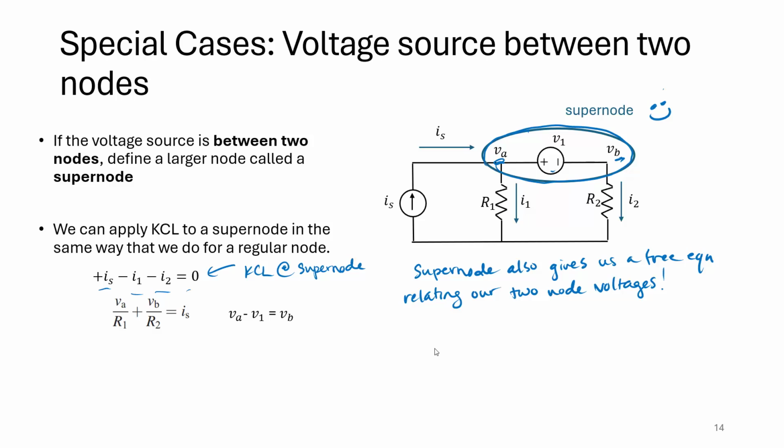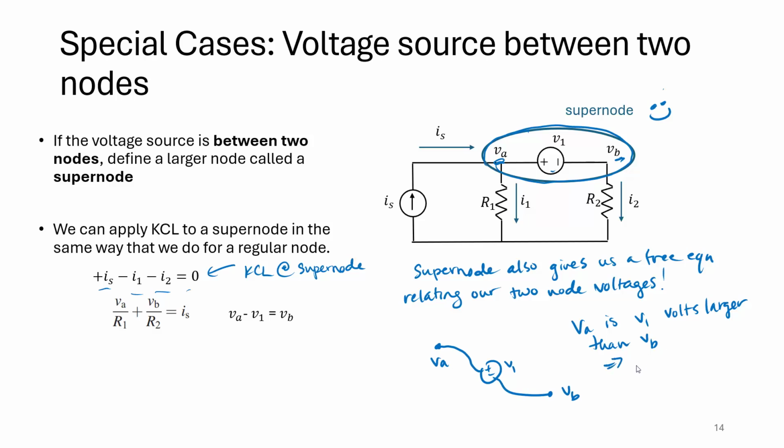So in this case, we have our voltage VA, and we have our voltage source V1, and then we have our voltage VB. In this particular example, we see that VA is V1 volts larger than VB, since VA is sitting at the positive end of our voltage source.